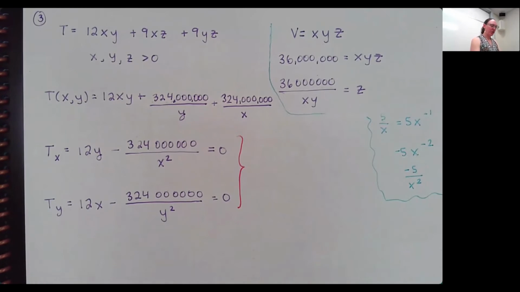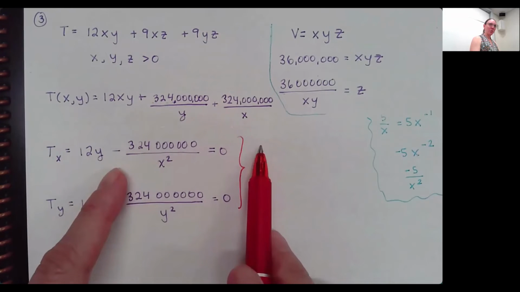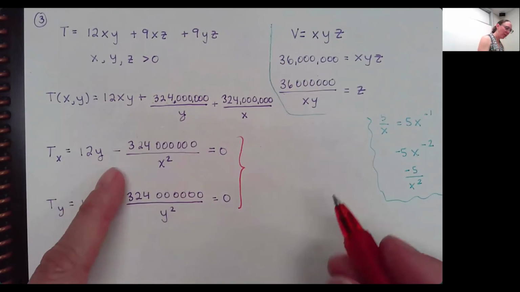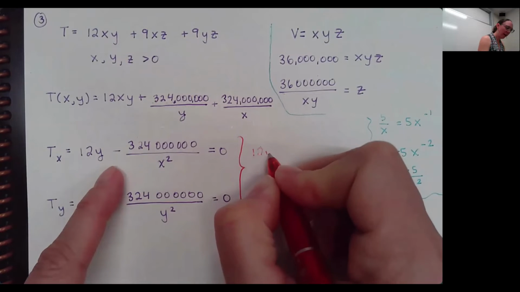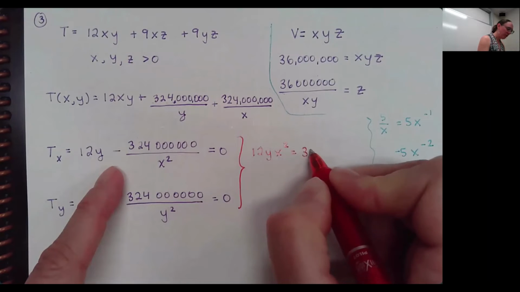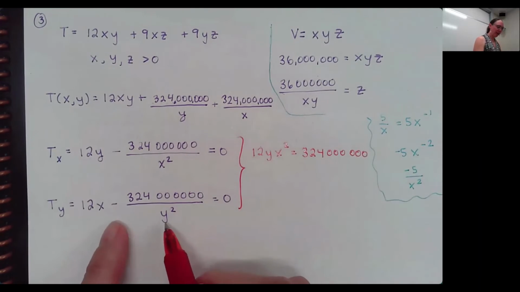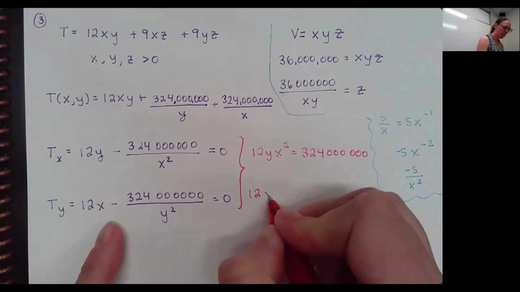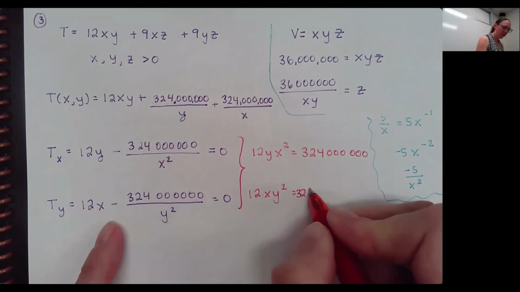So I might choose to take that top equation, move all of this over and then multiply both sides by x squared. So this would become 12y x squared equals 324 million. And this equation, again, I would move that over, multiply it up, and I would have 12x y squared is equal to 324 million.